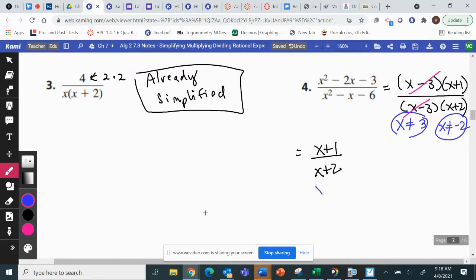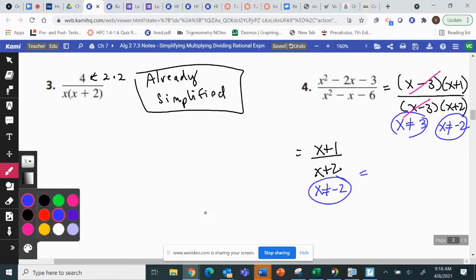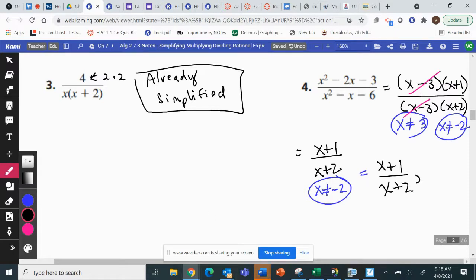Domain restrictions. So x does not equal negative 2. There's only one of them. That must mean that in my answer, we're going to have to put a domain restriction in. x plus 1 over x plus 2, comma, Warren, what should I write with it? x does not equal 3.